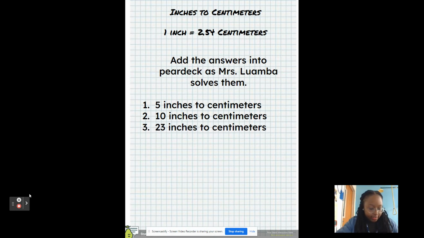In my calculator, I get 5 times 2.54, I get 12.7. And then you do the same thing with 10 inches to centimeters, 10 times 2.54, 25.4. And then the last one, 23 times 2.54, 58.42. And that is the only US to metric system conversion that we are going to use in this course.